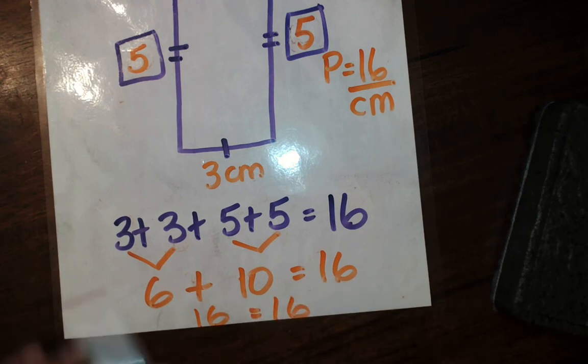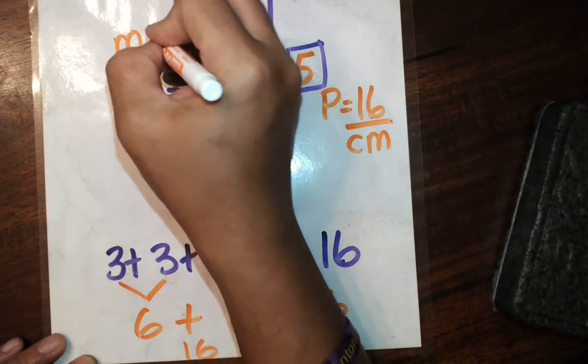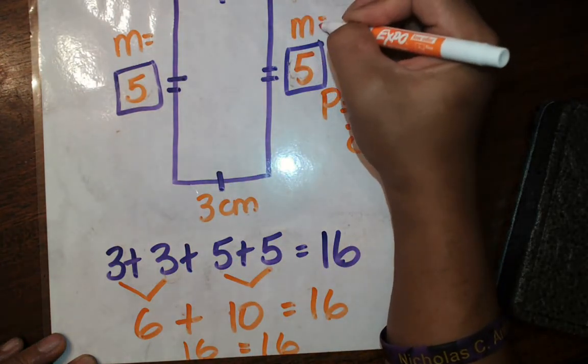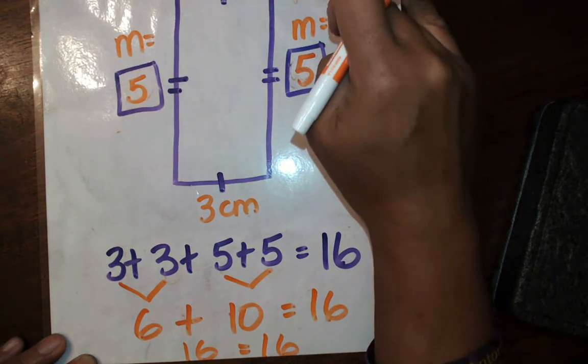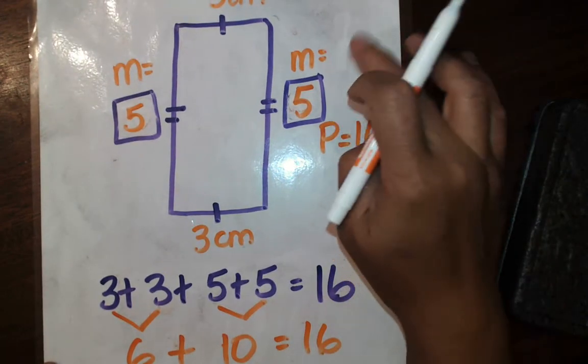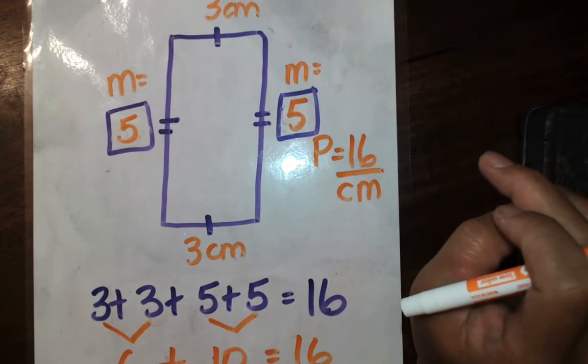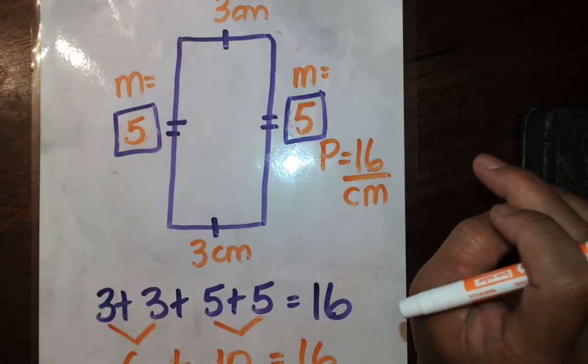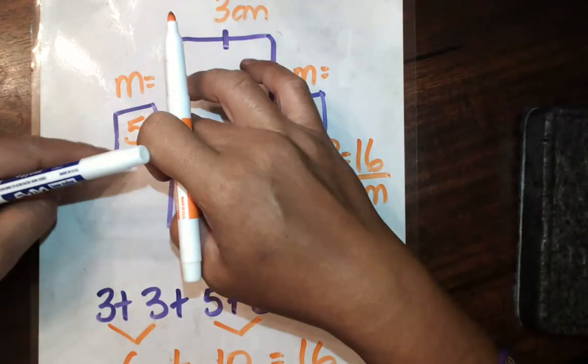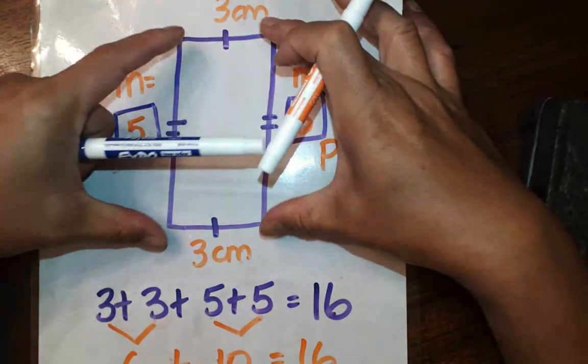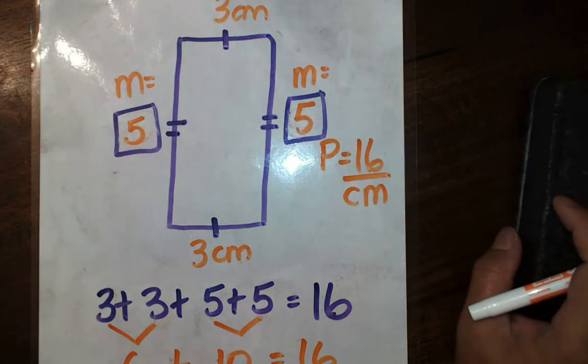Yes, which means letter M equals 5. Okay, so you're going to see a problem like that on your must do today, and I don't want you to get mixed up. Just know that it's not one side that equals a number. It's both sides together are the same, okay?